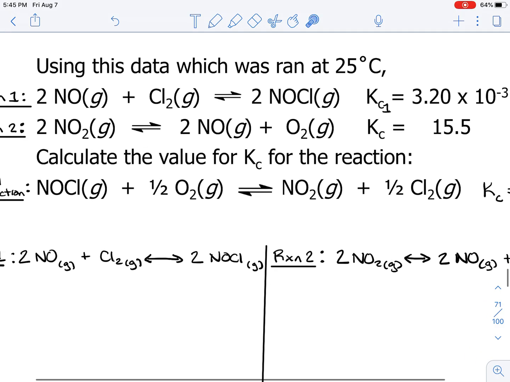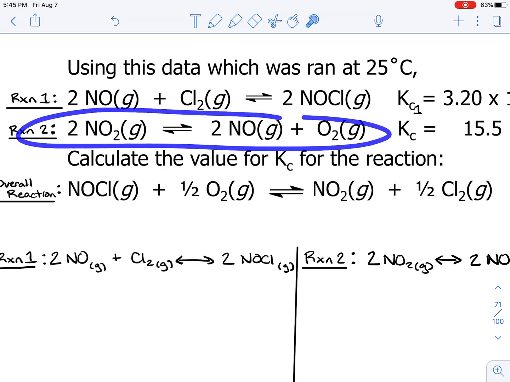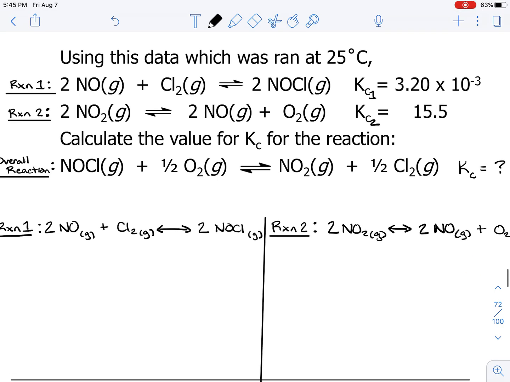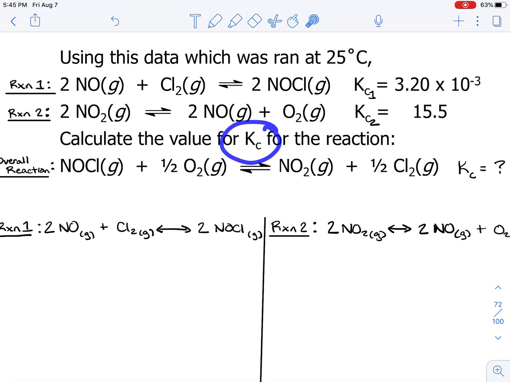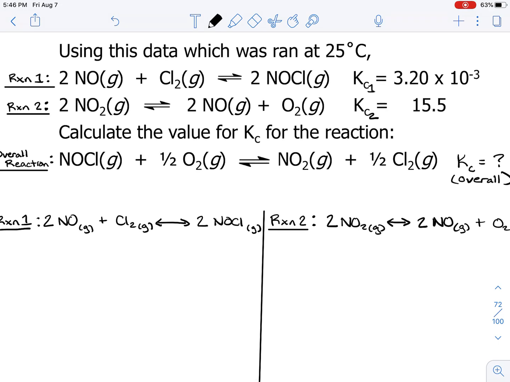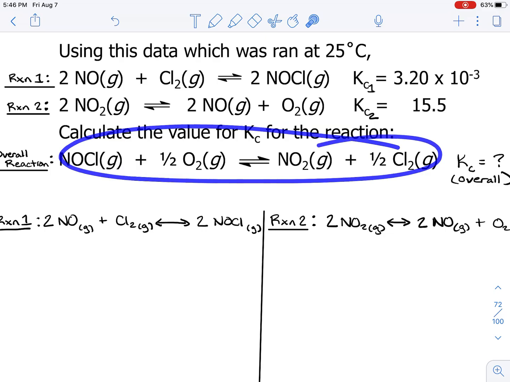And then I have this second chemical reaction with this specific equilibrium constant. So I'm going to put that as Kc2. And so what I want to do is calculate the overall equilibrium constant. So this is going to be Kc overall, much like what we did in the previous example for this chemical reaction.